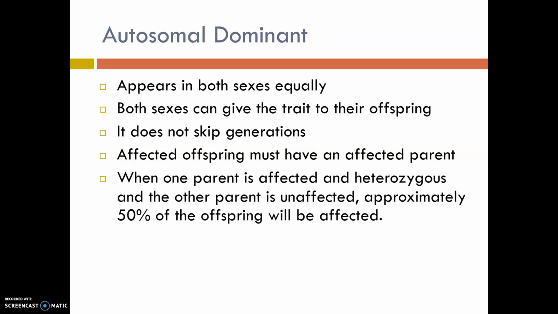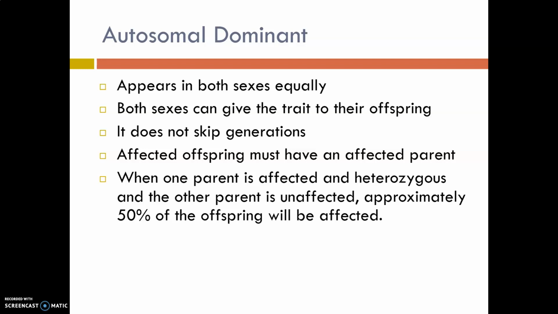Okay. Now, in addition to that, this is one of the more unique things that will really identify a pedigree as autosomal dominant, and that is when one parent is affected and heterozygous, and the other parent is unaffected. Now, slight disclaimer here: on a pedigree, you're not always going to know if a person is heterozygous for a trait.